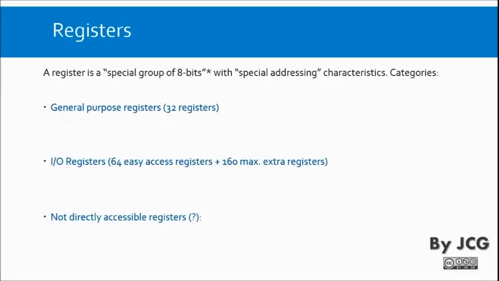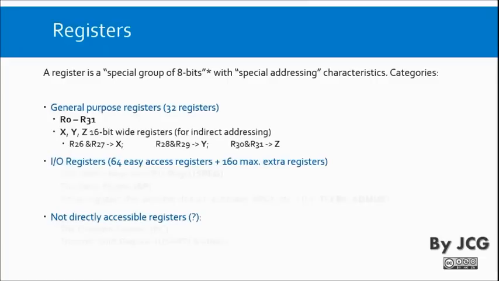Let's see some examples. The general purpose registers are named from register 0 to register 31. Inside those 32 registers, we also have 3 special registers, which are actually 16-bit wide registers, and they are used for indirect addressing.